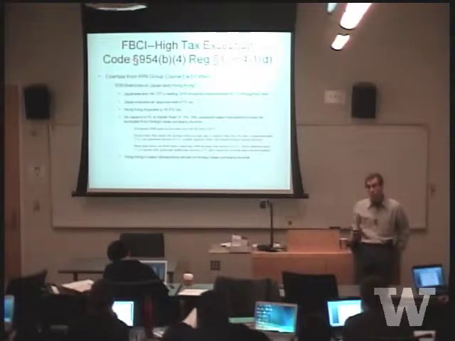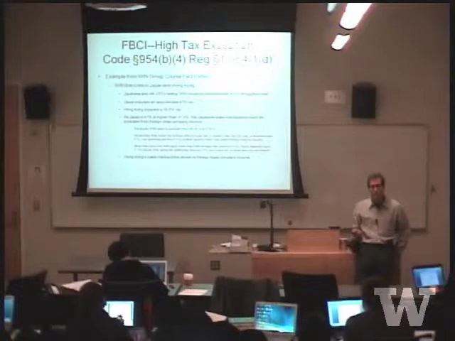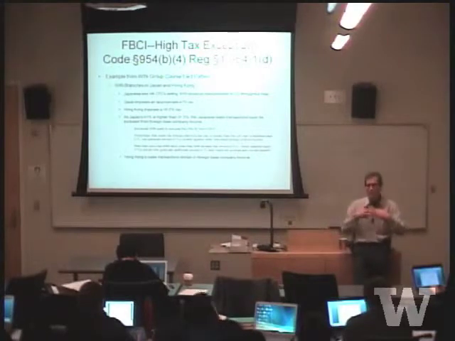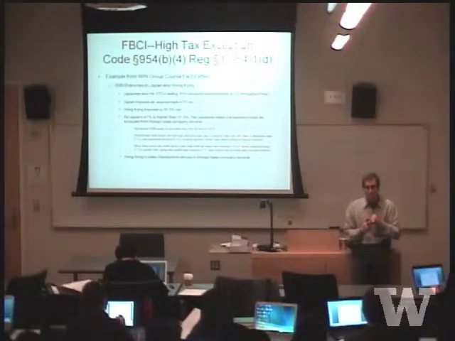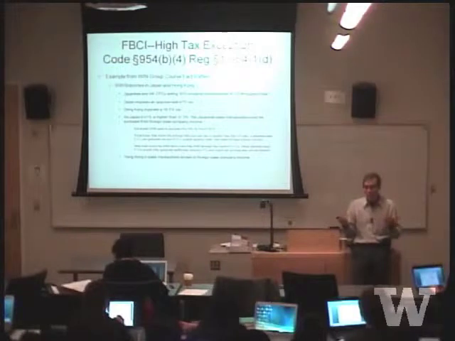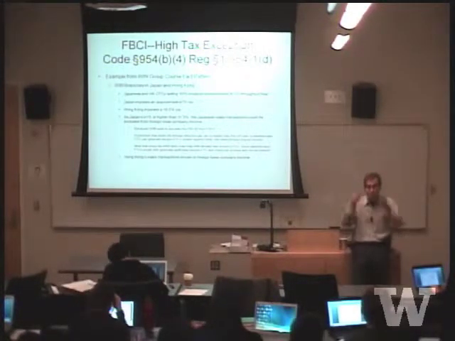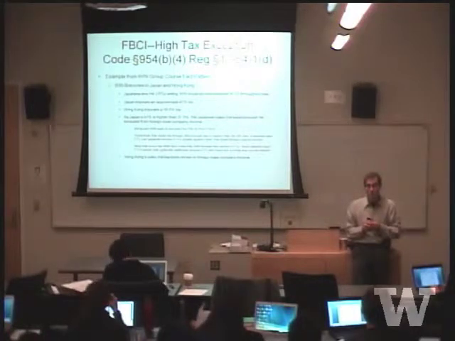Now, would there be any situation where a company would, let me go back a step. The way the rule works is that if you do nothing, then you will include the amount in your U.S. shareholders' income.